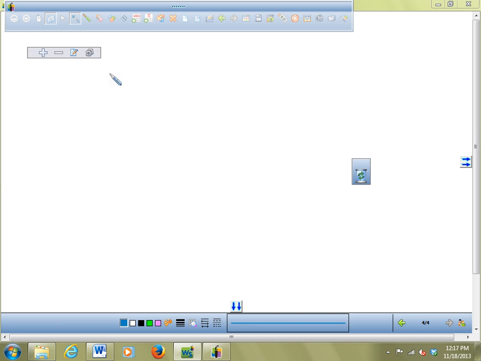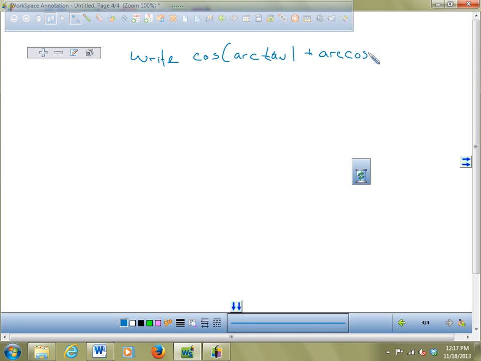Okay. So you'll see some stuff like this where they write cosine of arc tangent of 1 plus arc cosine of x, and they say write it as an algebraic expression.